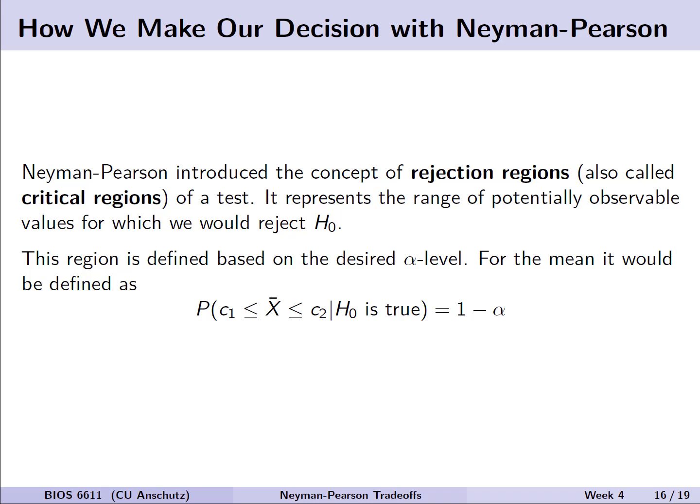This region is defined based on that desired alpha level we want to control, the probability of a type 1 error. So for the mean, it would be defined very generically as the probability that the mean is between critical value 1 and critical value 2, assuming H naught is true, and that will be equal to 1 minus alpha, or again, if we're assuming the null is true, that level of confidence.